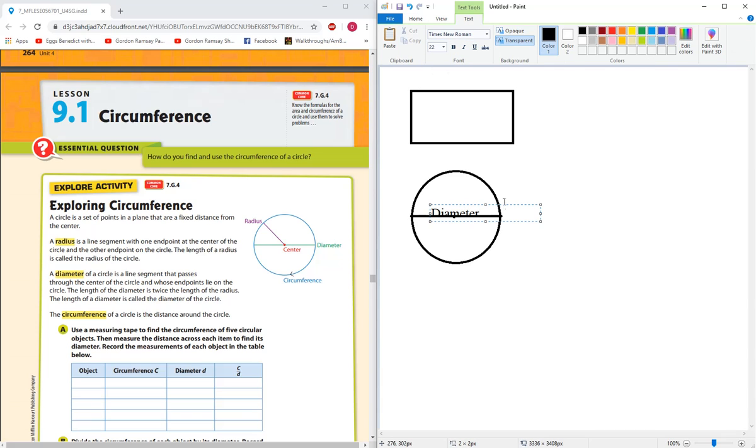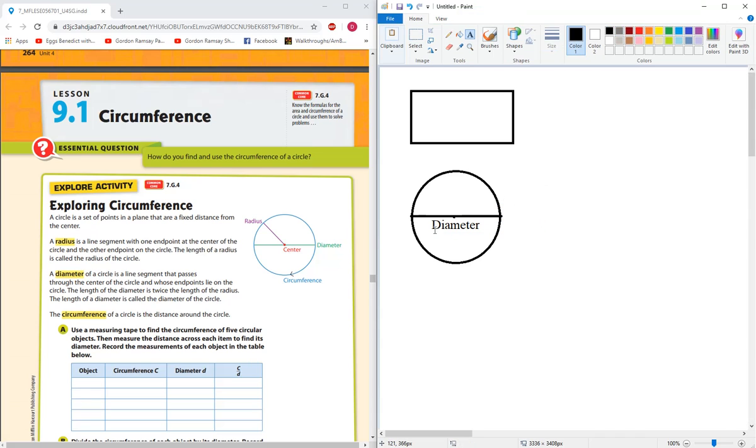The diameter is the distance across a circle. It does not matter if it's horizontal or vertical. It can be this, it can be this, it doesn't matter. As long as it goes from one point of the circle to the other point and passes through the center, it is called a diameter.